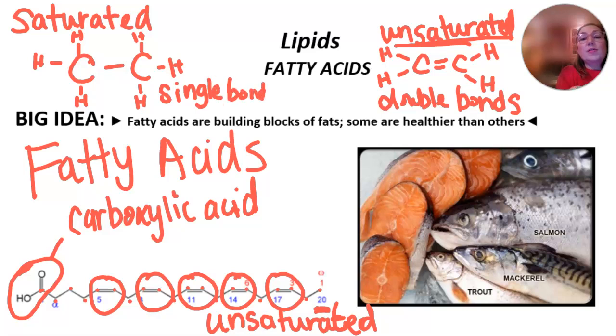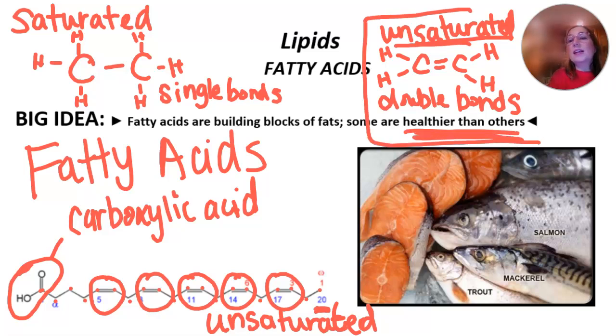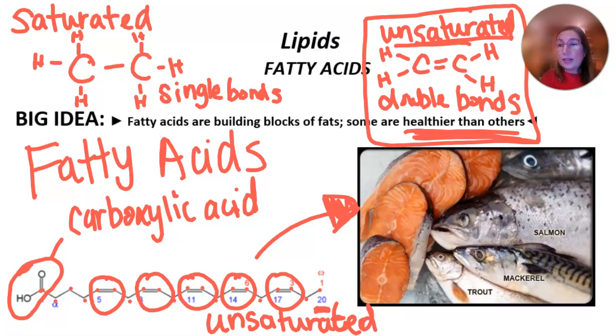So when we talk about some healthier than others, the ones that are healthier are those that contain some unsaturated fat. So our fish, for example, is fat that contains a lot of unsaturated fatty chains, or that the fat came from unsaturated fatty acids, those with double bonds.